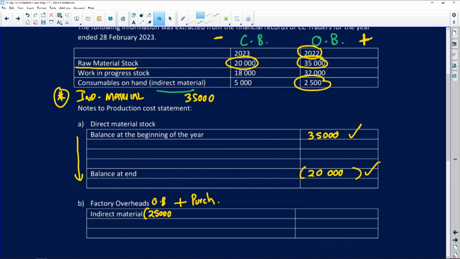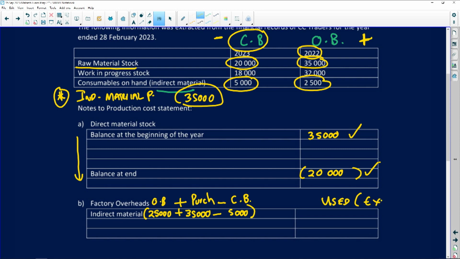So for the year, indirect materials that were purchased, an amount of 35,000. So plus 35,000. And to this amount, you obviously now subtract the closing balance. So minus, at the end of the year, on hand, indirect materials amount to 5,000. So minus 5,000. And now I can work out what was used.